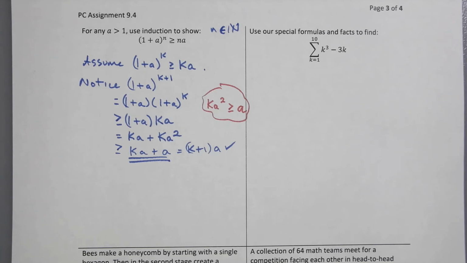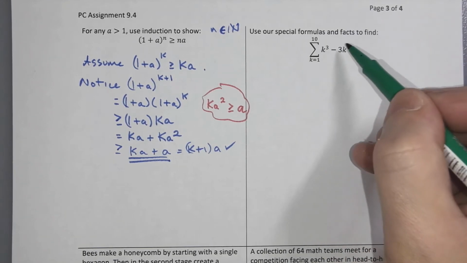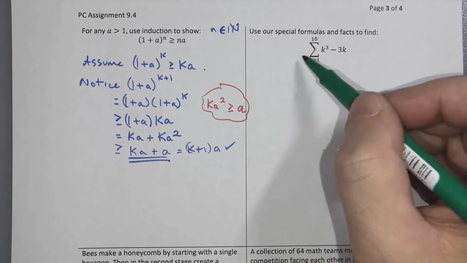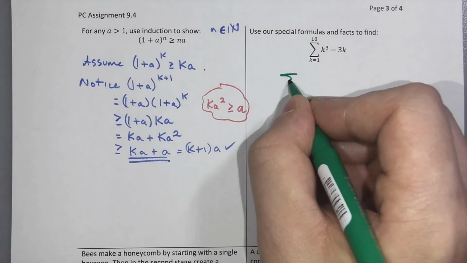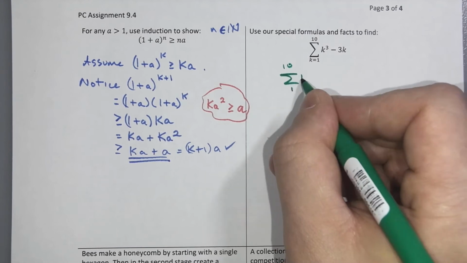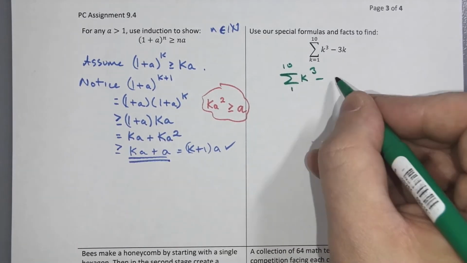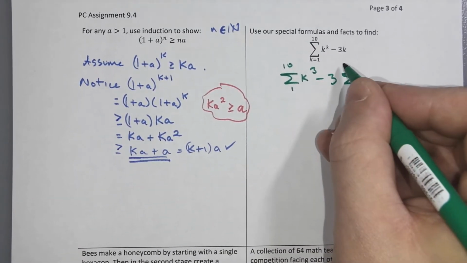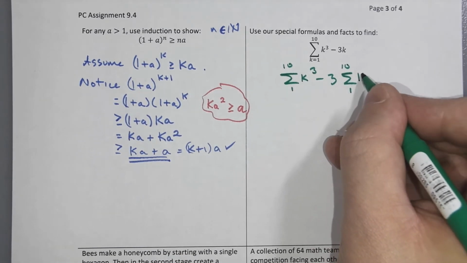Okay. In the top right, it says use our special formulas and facts to find this sum. So in the first stage, I'll say that's the sum from 1 to 10 of k cubed minus 3 times the sum from 1 to 10 of k.